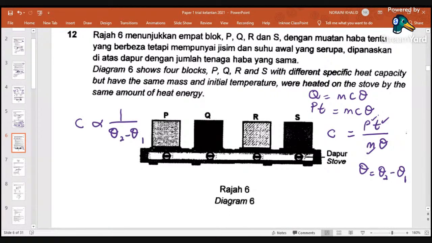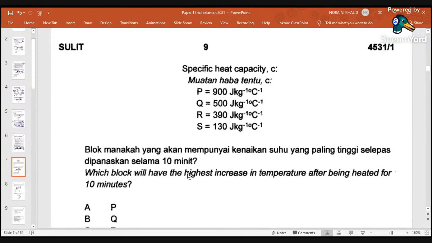Initial temperature also the same, so theta 1 is constant. So c is inversely related to theta 2. Now we want to answer the question. Given P, Q, R, S, from here we can see cP is more than cQ, more than cR, more than cS.